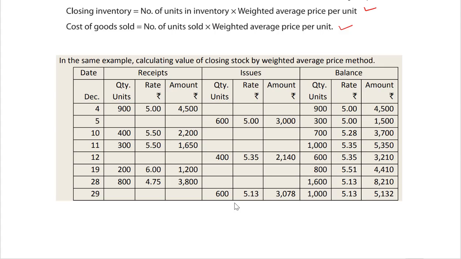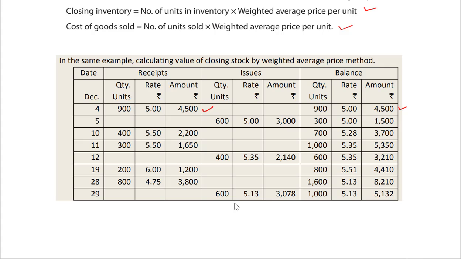Over here we have the columns of date, receipts, quantity, rate, amount, issues, and balance. On 4th of December, we purchased 900 units, so receipts is 900 multiplied by 5, 4500. The balance is 900 multiplied by 5, 4500.